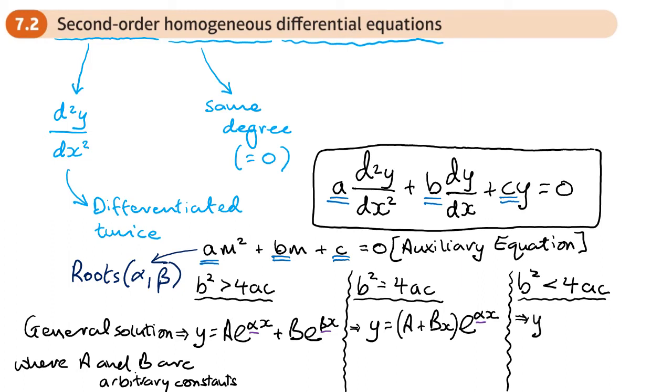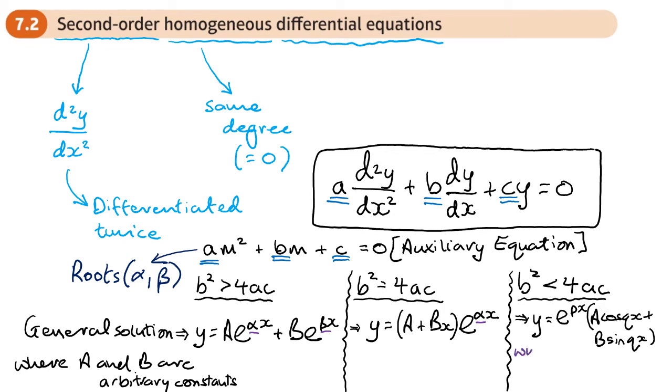The general solution will be y equals e to the px, and this can be factorised, A cos qx plus B sine qx, where p and q are the complex conjugate roots alpha and beta.